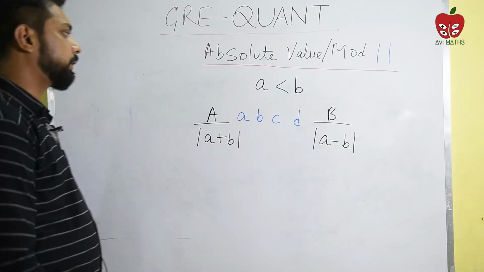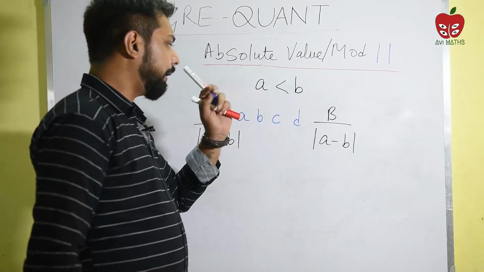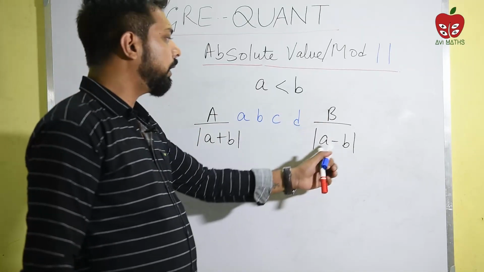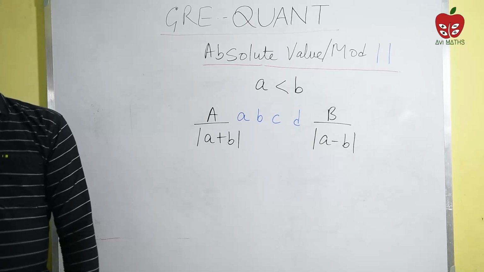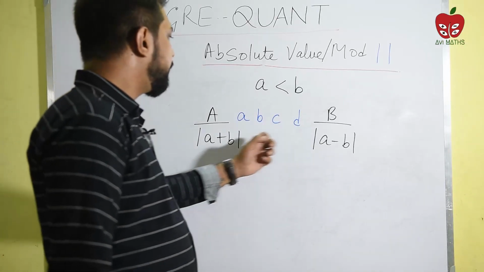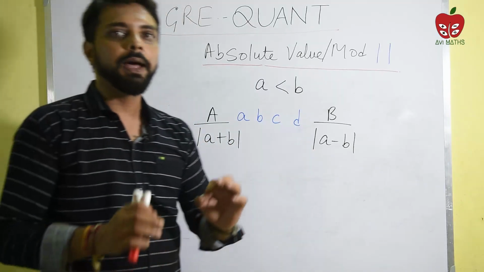Now let's start solving this question. Okay, so it is given that B is greater than A, and quantity A is mod A plus B, quantity B is mod A minus B. Whenever you find that there are variables involved in the quantities, the best method to solve this kind of question is the plugging method.